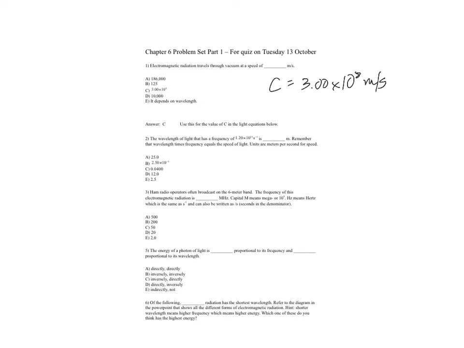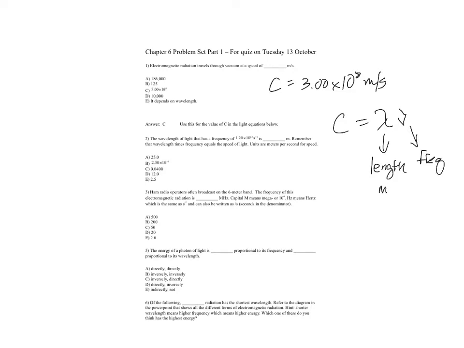And you're going to use it for formulas like, for example, c equals lambda nu, where lambda is wavelength, the lambda for length, so the length of the wave, and that's in meters. And frequency is this Greek letter nu, which I write as a V with a little hook on it.